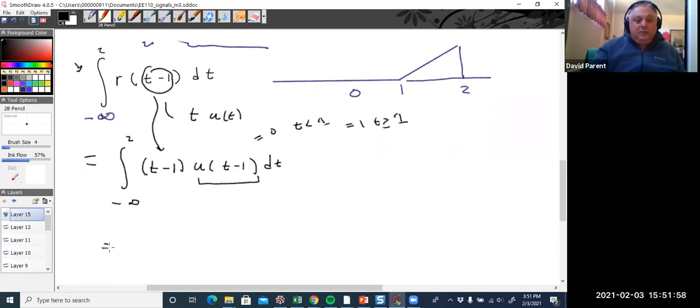So what we do to get rid of that step function is, instead of minus infinity, we know there's nothing before 1. Then we have 2. And that equals 0.5.